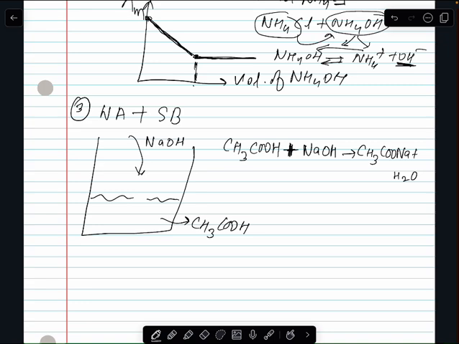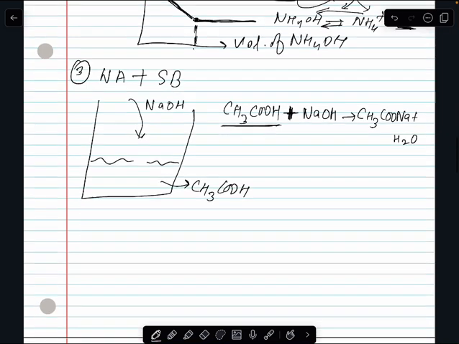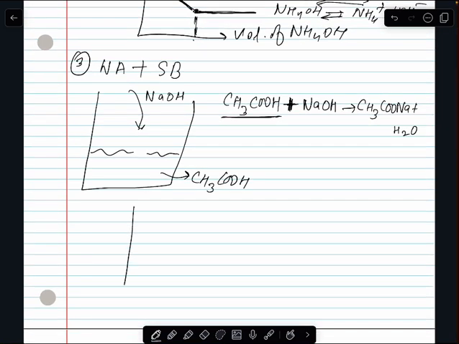Now what will happen in the solution is, since this is a weak acid, it will produce a very small amount of H plus ion, and as soon as we introduce NaOH, this H plus ion will instantaneously react with the NaOH. So there will be a slight decrease in the conductivity of the solution.